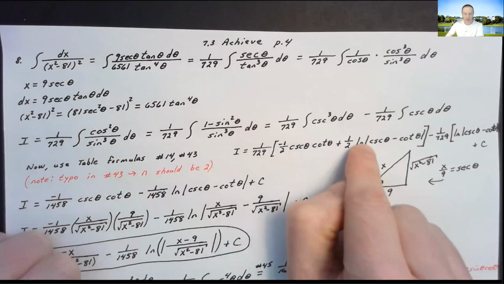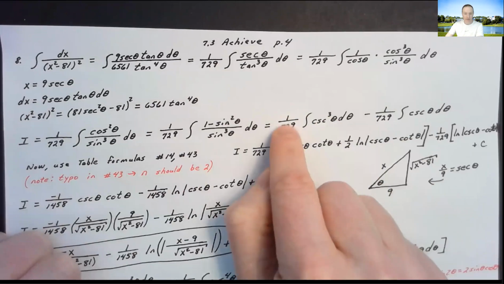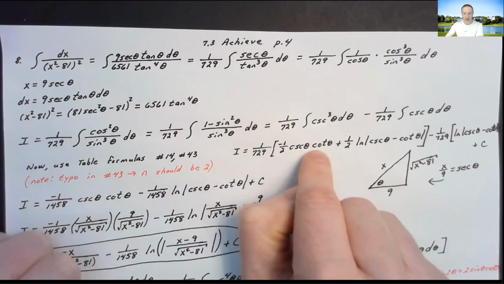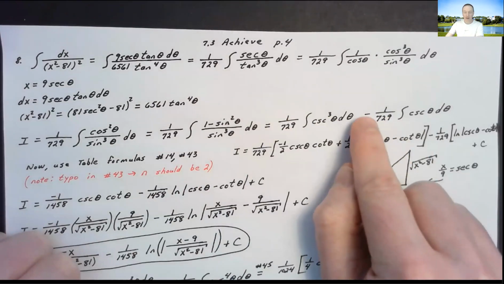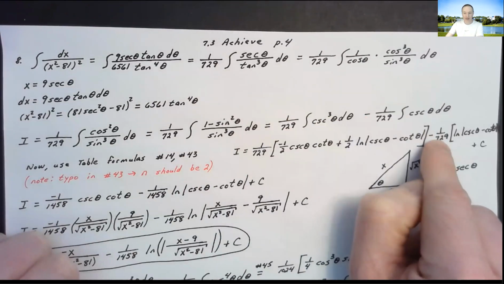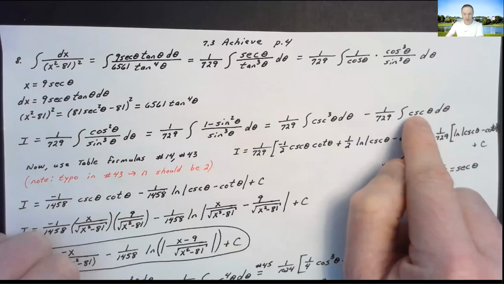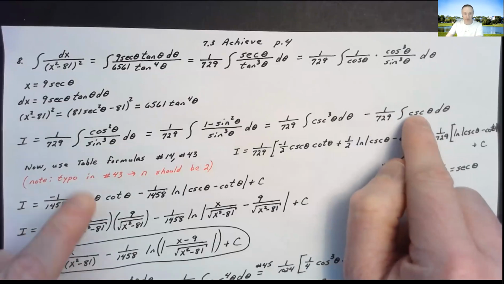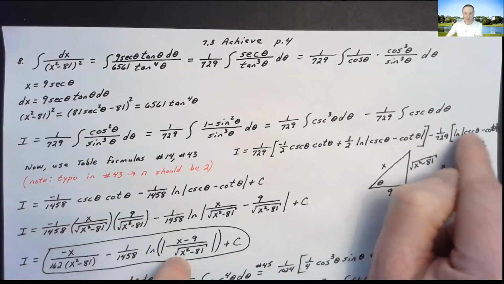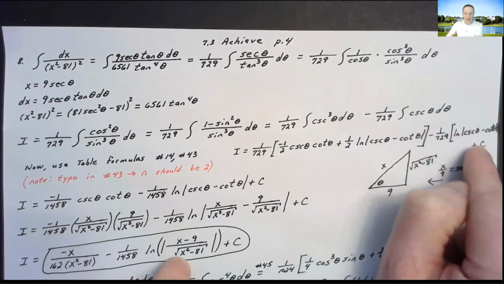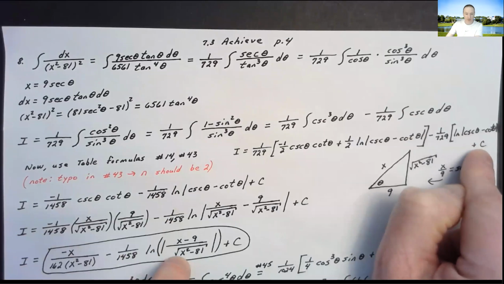That's the first portion. And of course, I have the 1 over 729 times that, minus, and I ran out of room here, but I still think you can see what I did, minus 1 over 729 times the integral of the cosecant function. Well, that's what the number 14 told us, and that was the natural log of the cosecant of theta minus the cotangent of theta plus our constant of integration.